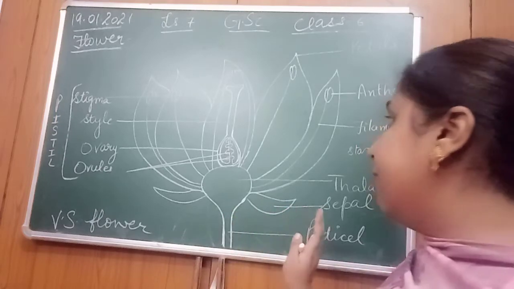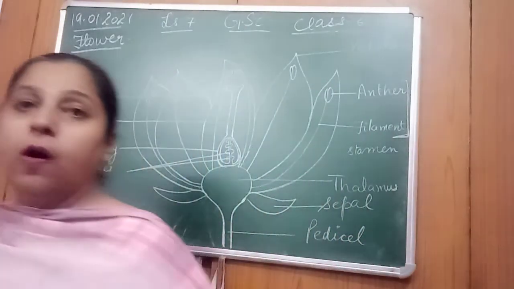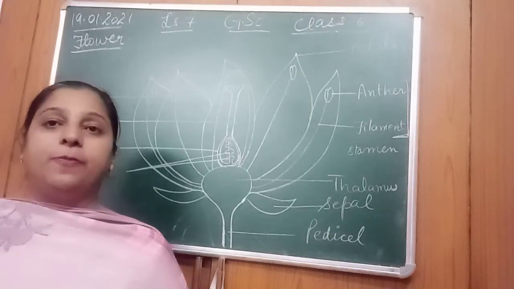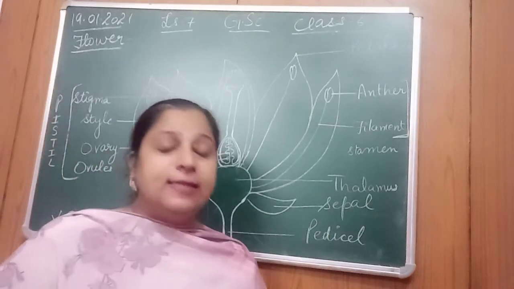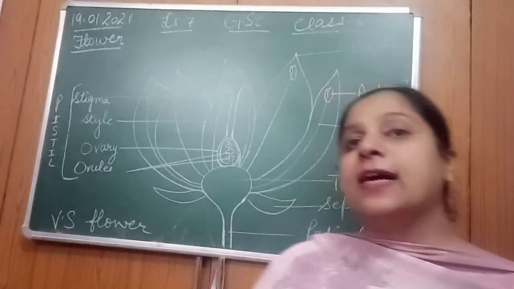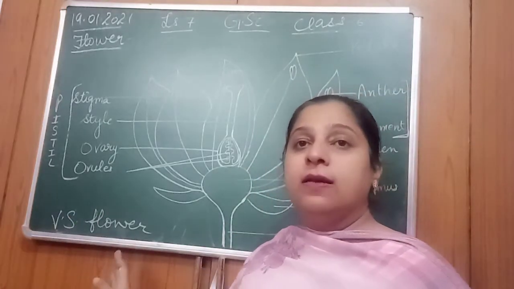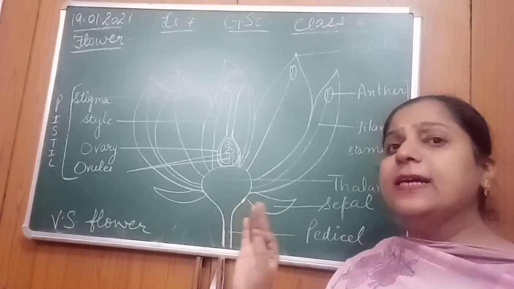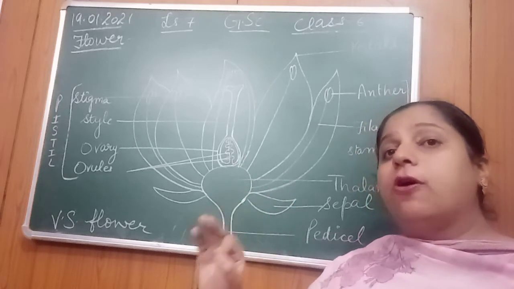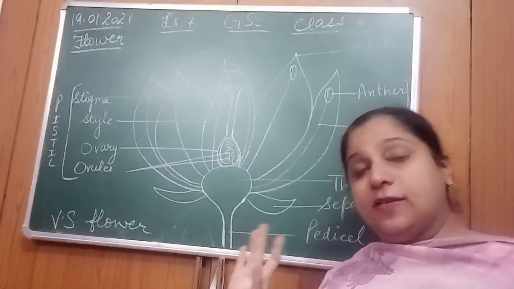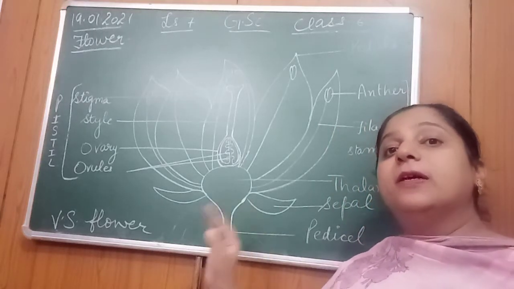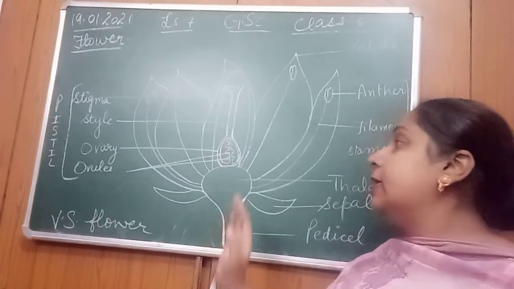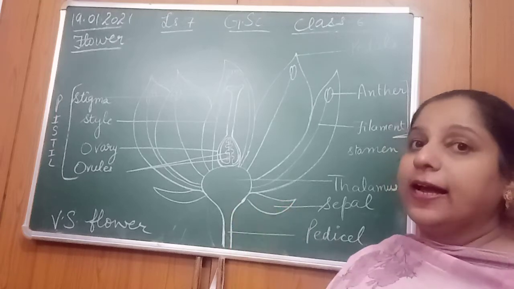Now after this, you have to draw male and female reproductive parts separately. In exams, sometimes it is asked, draw VS of flower. Then you have to draw the whole vertical section. Sometimes it is asked, draw and label only male reproductive part. Draw and label only female reproductive part. Then you have to draw accordingly.